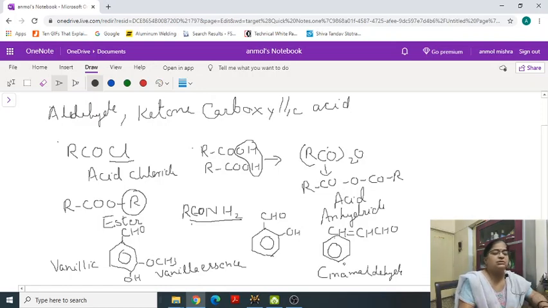Next is nomenclature and structure of carbonyl compounds. First we will study the nomenclature.